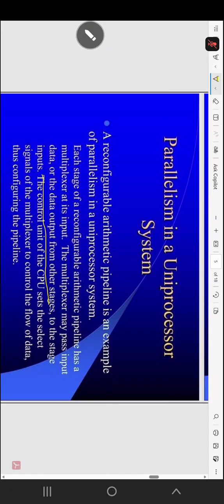So what is this? A specific form of parallelism in a uniprocessor system is called reconfigurable arithmetic pipeline. Is it clear?